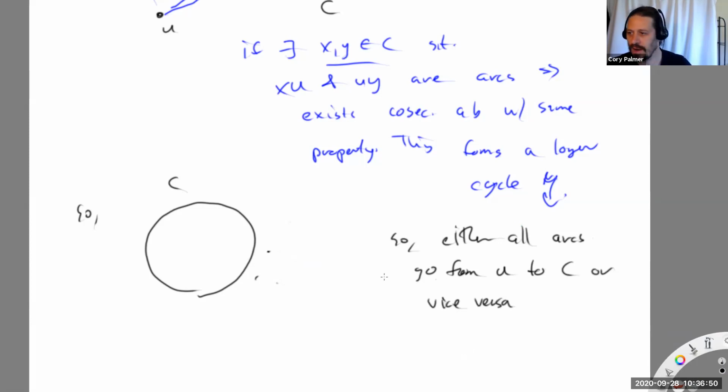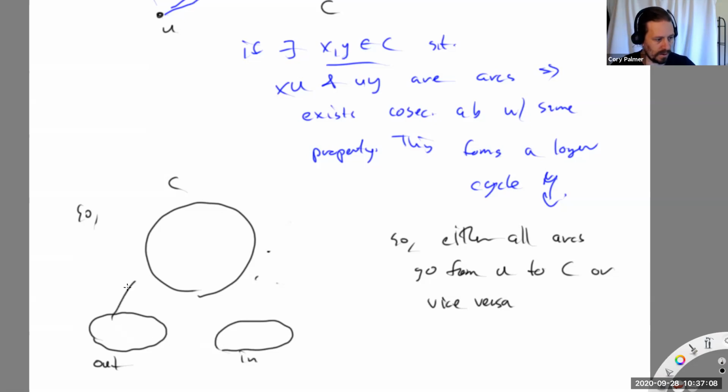And this holds for any vertex that's not on C. Any vertex either has everything pointing to C or has everything pointing from C. And so with the remaining vertices, I'm going to call this set out and this set in. These are the vertices who send all their arcs directed towards C. If this set is non-empty, and in is everything like this.